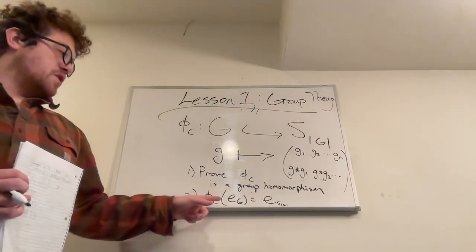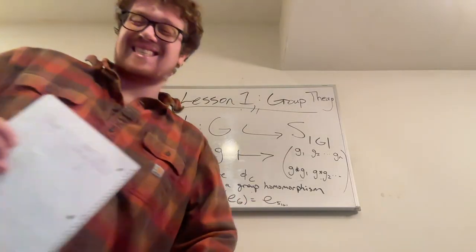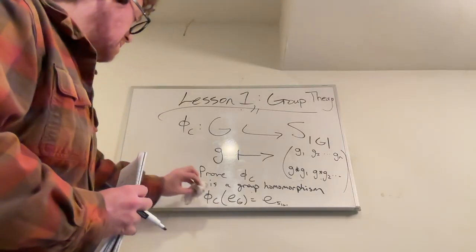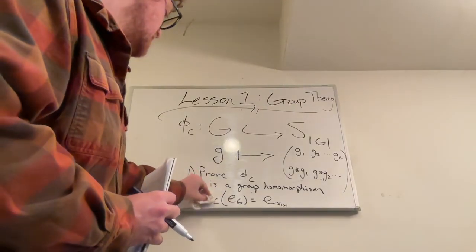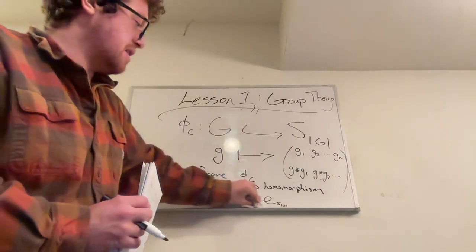Yeah, and once you show that, oh, sorry, I'm saying this wrong. I'm mixing things up here. This will prove that it's a group homomorphism, but then you have to show that it's injective, so you actually have to prove that this is the only element that gets sent to the identity.